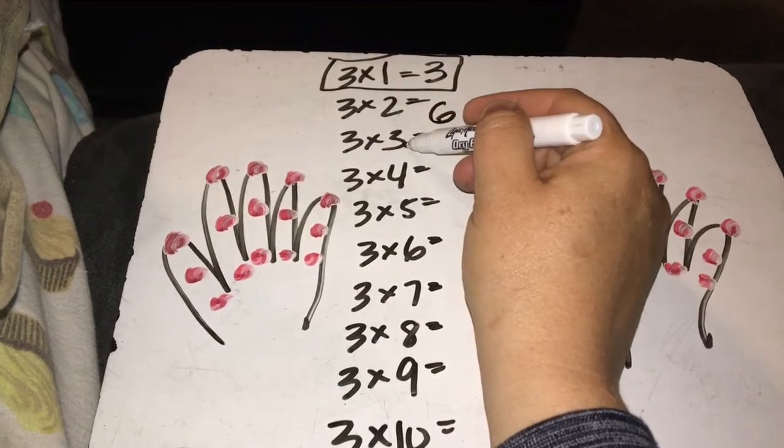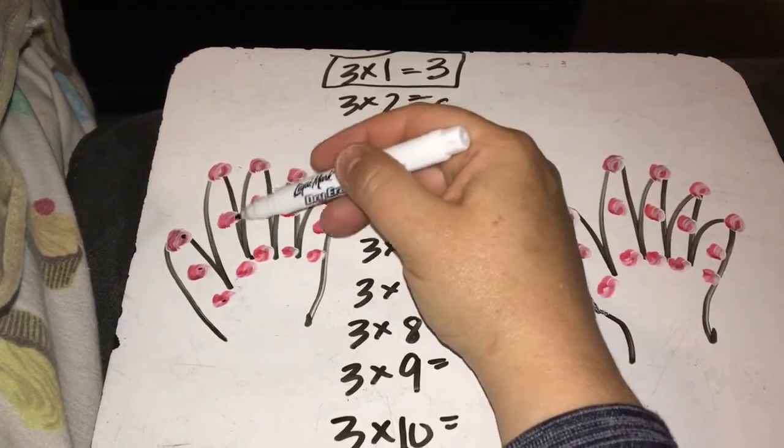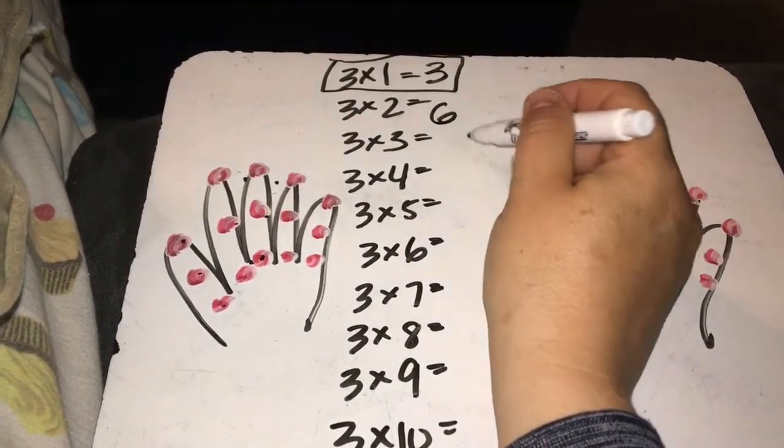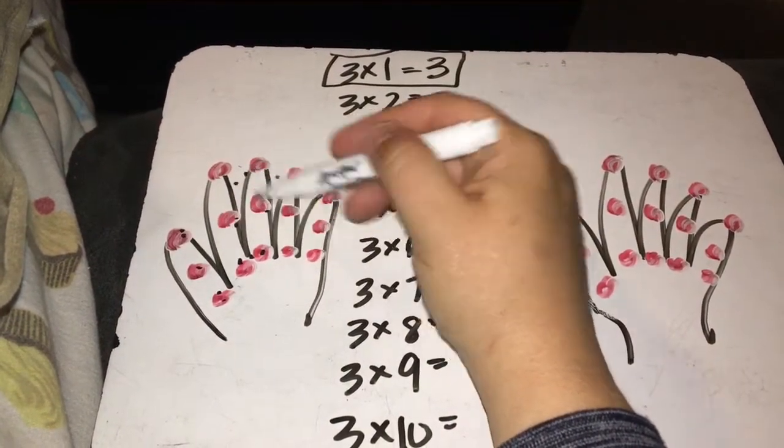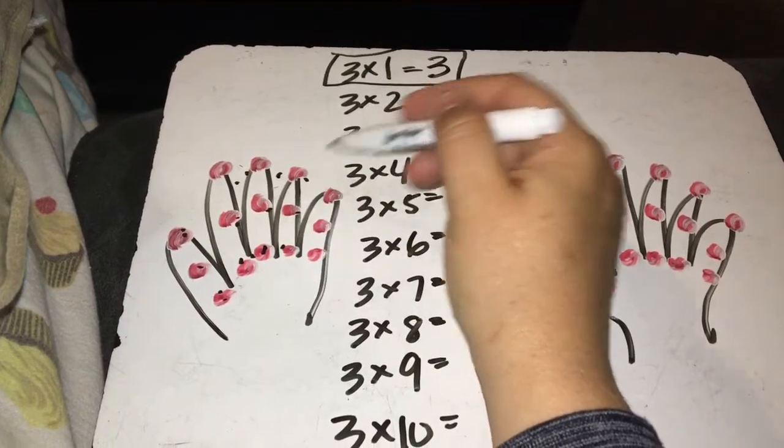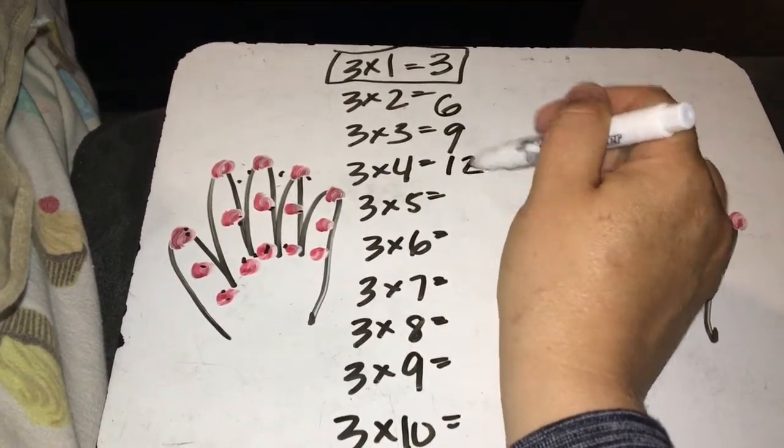We can count those places on our fingers, however many fingers it is. Hold up 3 fingers and count those places if need be. However, I would prefer that you had these memorized.